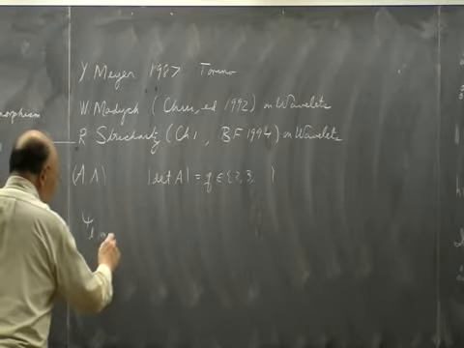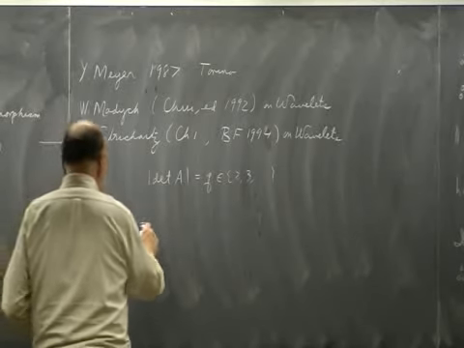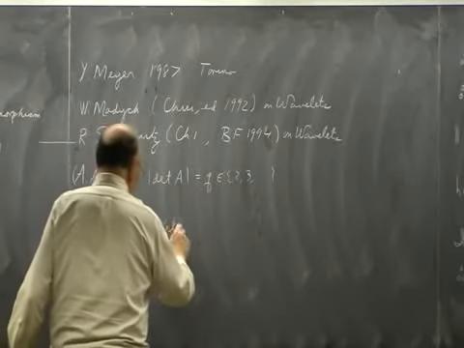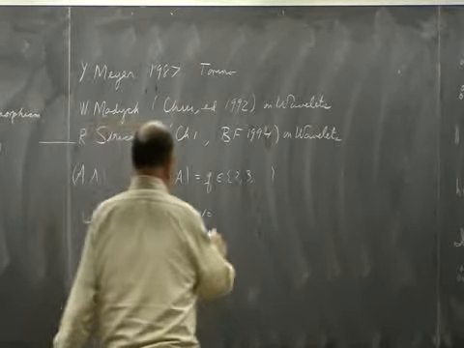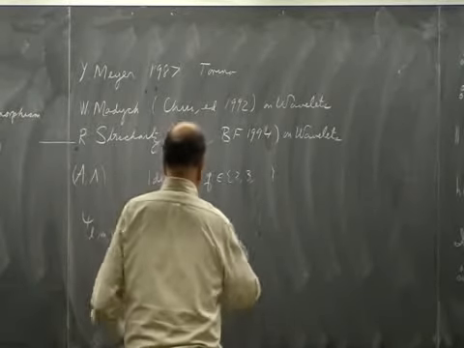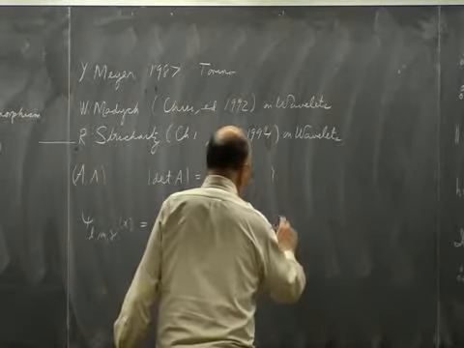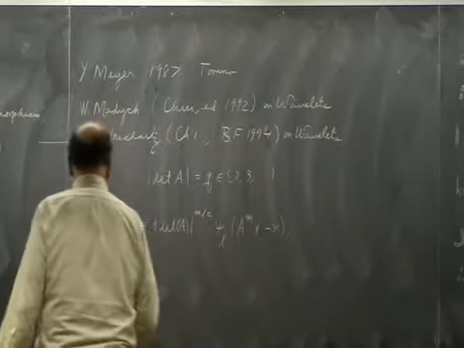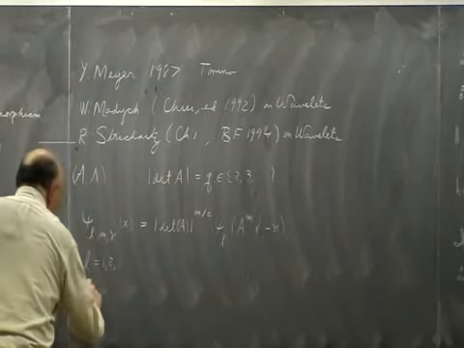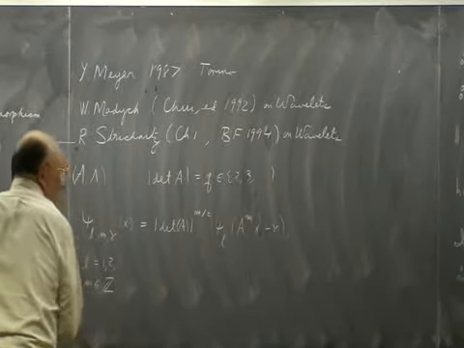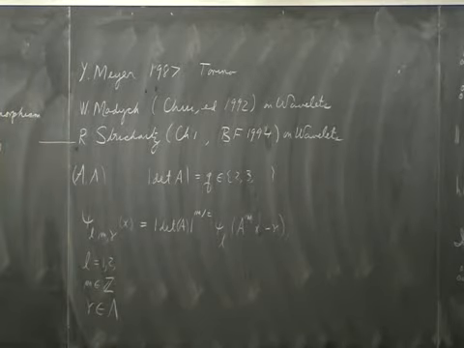And we're going to be looking at systems that look like this: psi_{l,m,gamma}(x) is the determinant of A to the m over 2, times psi_l of A^m x minus gamma, where l is going to go from 1, 2, etc., m is going to belong to Z, and gamma is going to belong to the lattice.